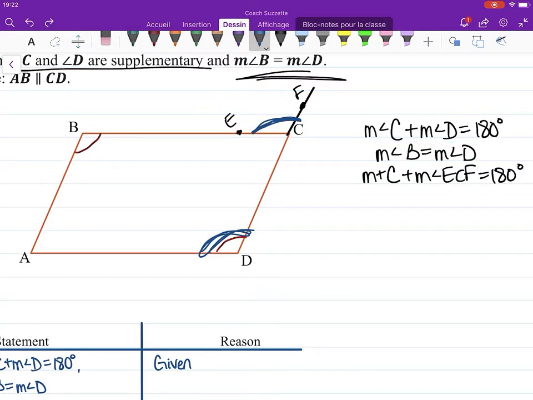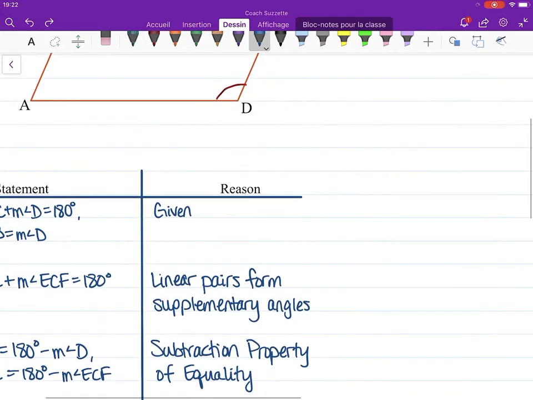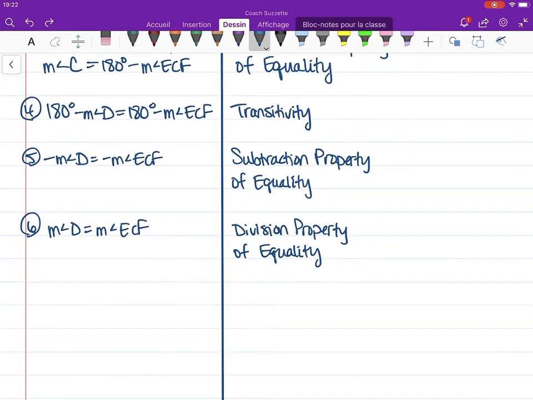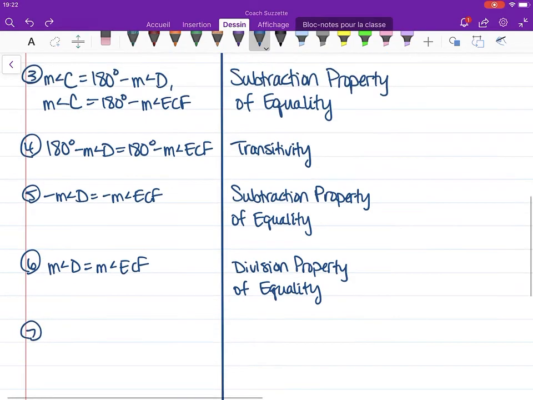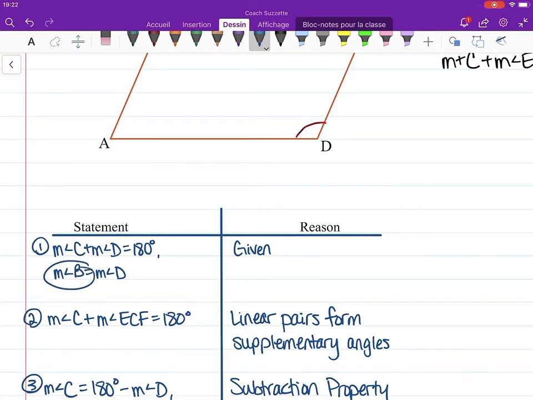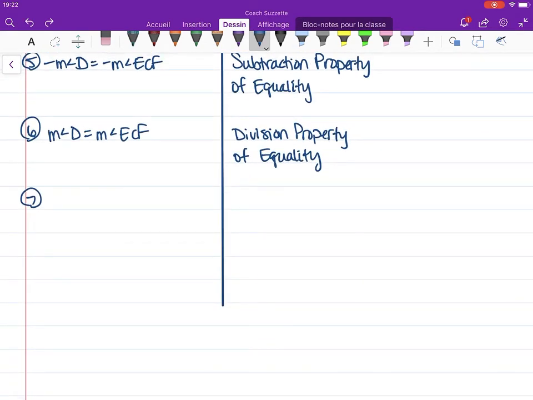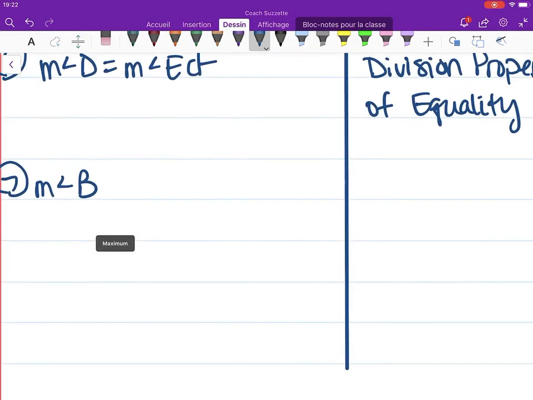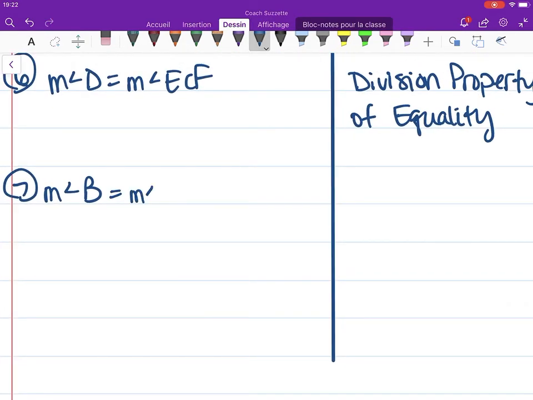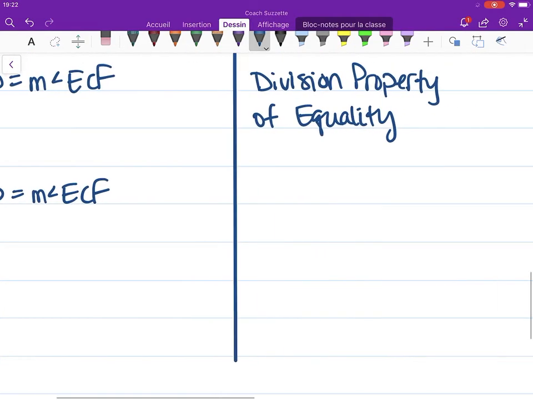So we're almost done. We can say that by substitution, instead of writing D, we can write B. Measure of angle B is equal to the measure of angle ECF.